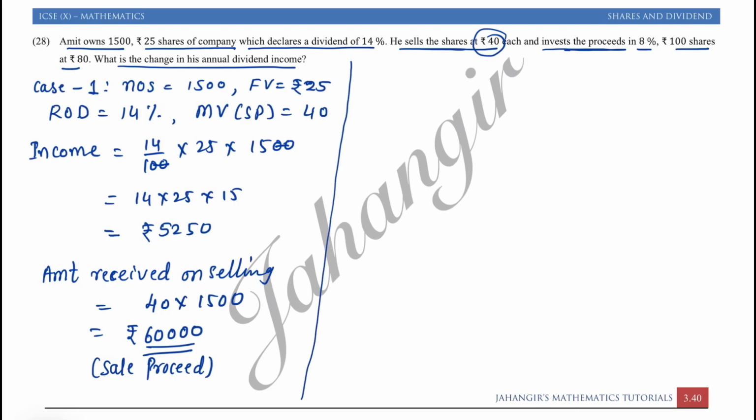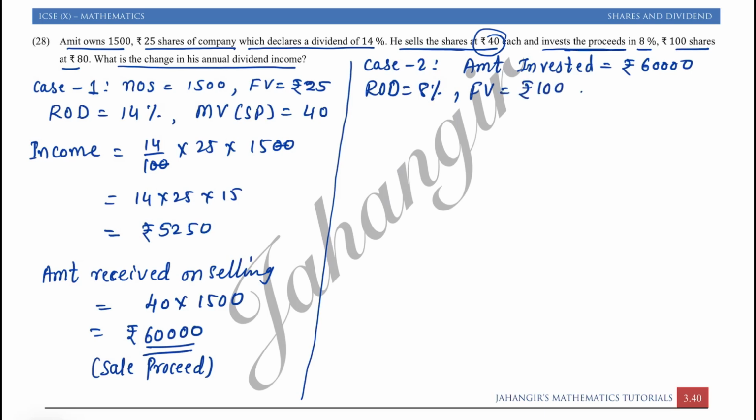Now I will take the second case, in which I can write amount invested as rupees 60,000. ROD is 8%. Face value is rupees 100, and he bought it at rupees 80.